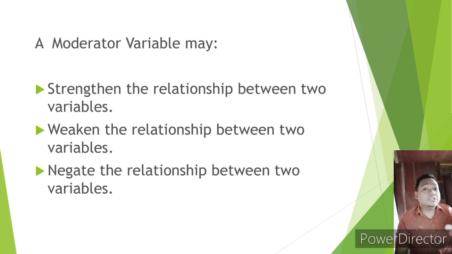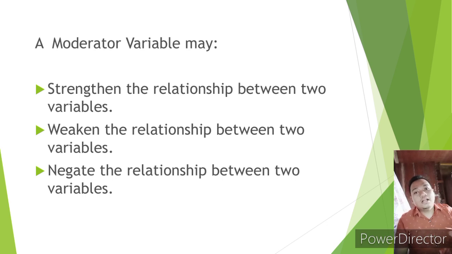A moderator variable may strengthen the relationship between the independent and dependent variables, weaken the relationship between them, or negate the relationship between the two. That's the effect of a moderator variable.